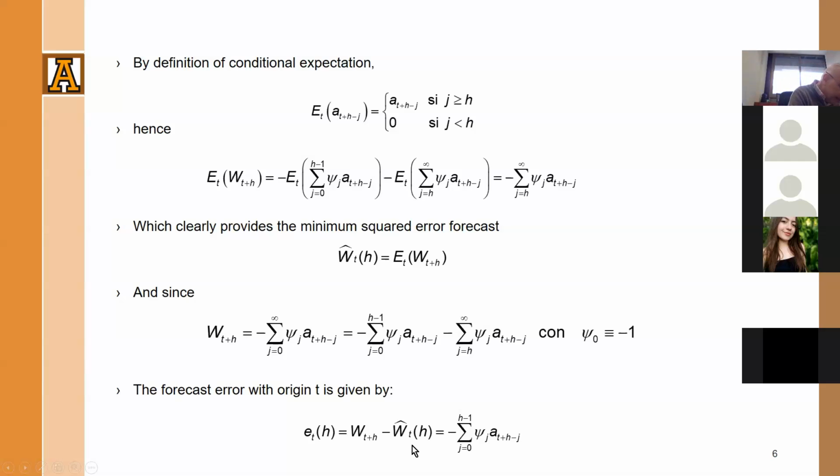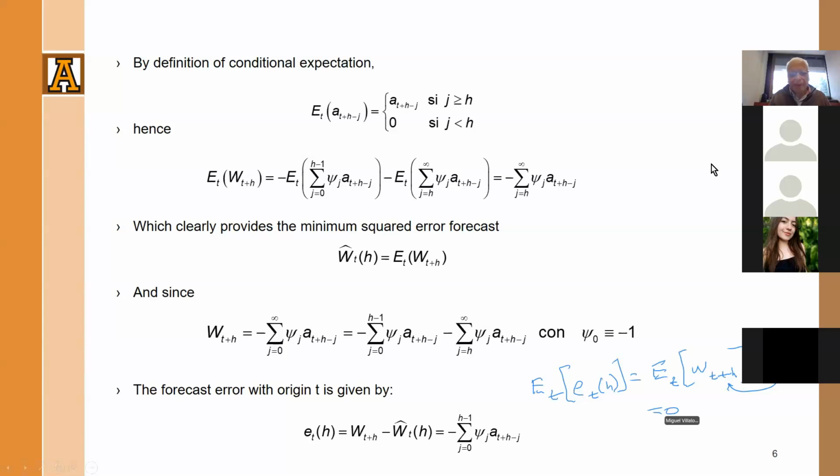What we're saying there is the expected value conditional on t of e_t(h), the error H periods ahead, is the expected value conditional on t of W_{t+h} minus W_t hat. Well, W_t hat is exactly this one.